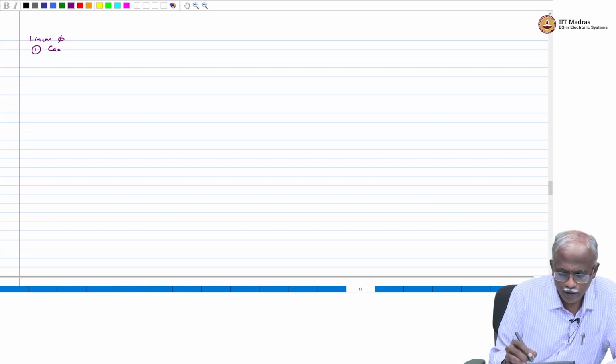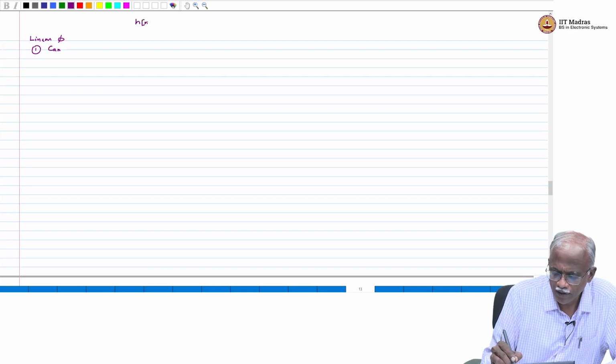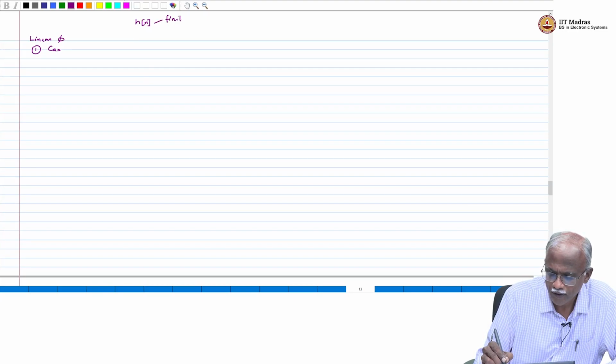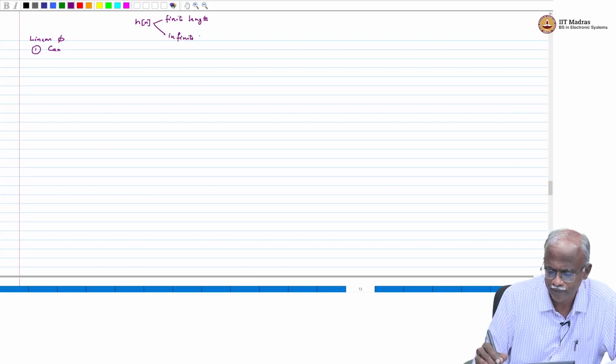Can a LTI system, so remember if I have h of n, can be finite length or it can be infinite length, right? Impulse response corresponding to the LTI system.